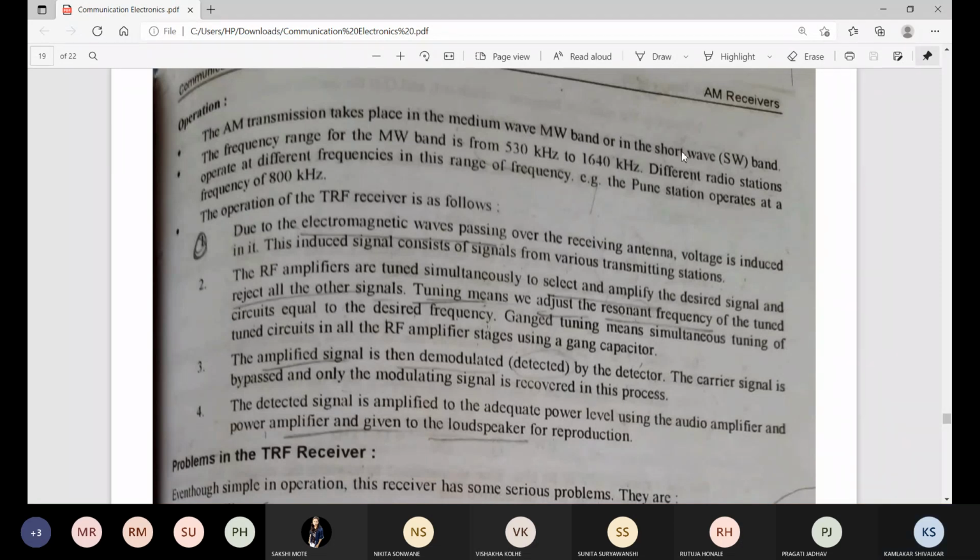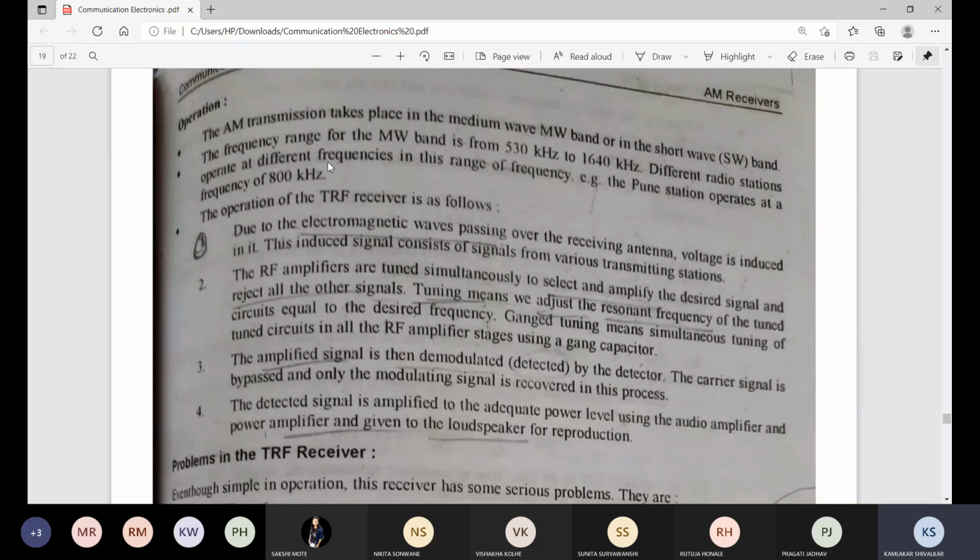Then the frequency range for the medium wave is 530 kilohertz to 1640 kilohertz. Different radio stations operate at different frequencies. In this range, let's suppose for Pune station, the operating frequency is 800 kilohertz.